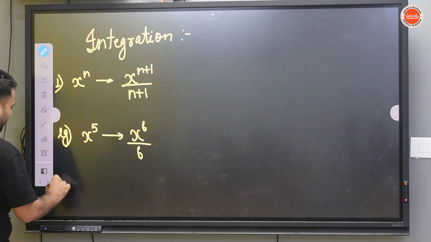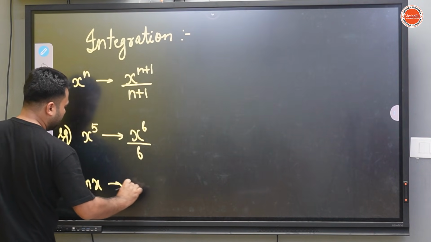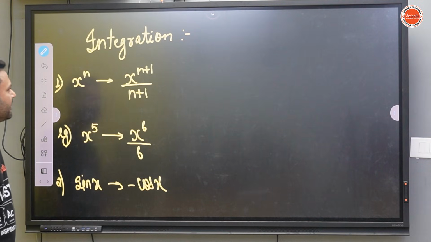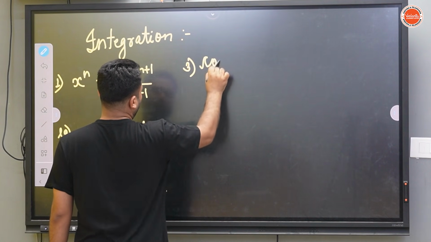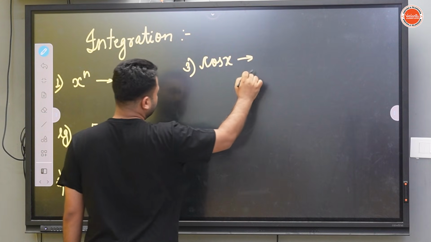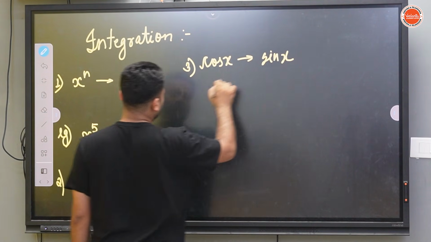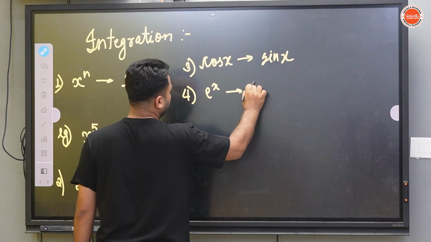Second, integration of sine x is minus cos x. Integration of cos x is sine x. Integration of e to the power x is e to the power x only.